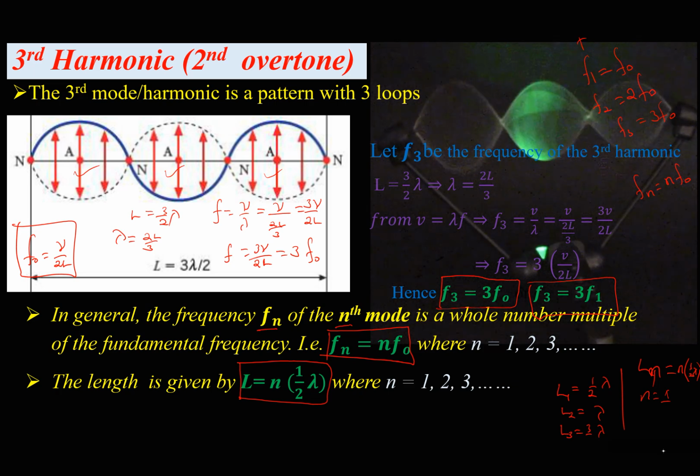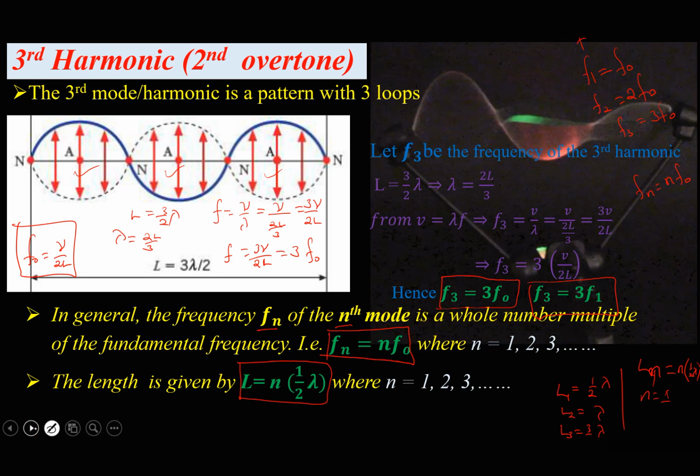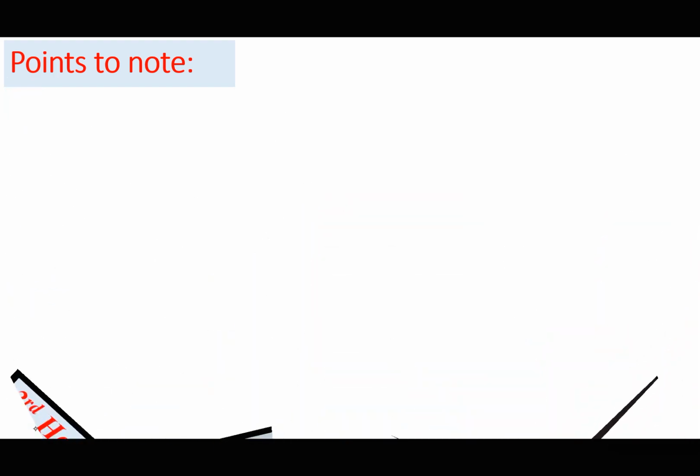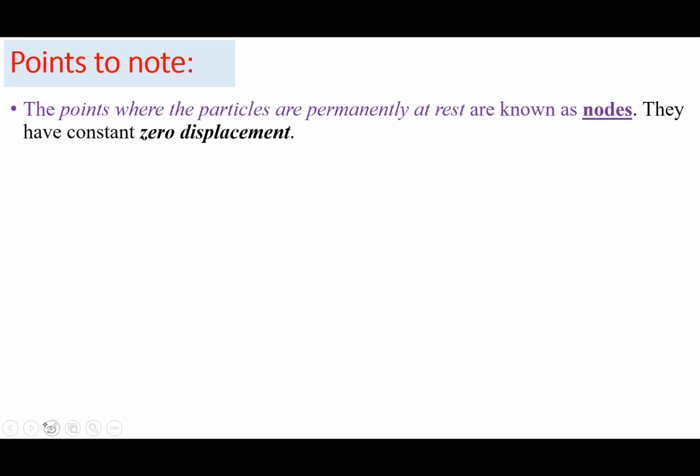Points to note. A few things we need to note here. Number one, the points where the particles are permanently at rest are known as the nodes.